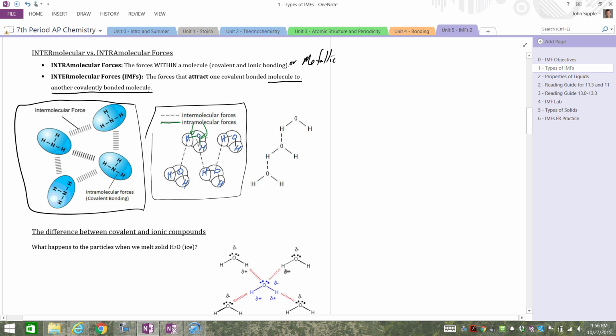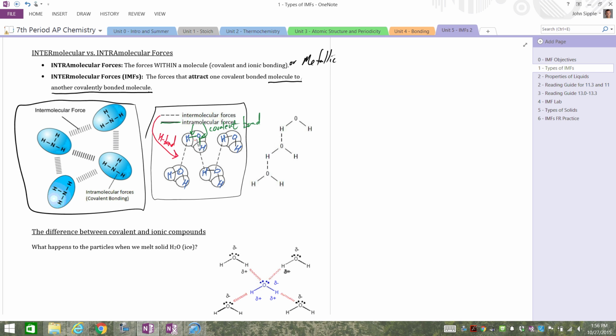Those are covalent bonds in this molecule. The dotted line is the hydrogen bond. Remember though, it's drawn as a dotted line because it is not a bond like a covalent bond or an ionic bond. It is just an attraction between the positive end of one molecule and the negative end of another.